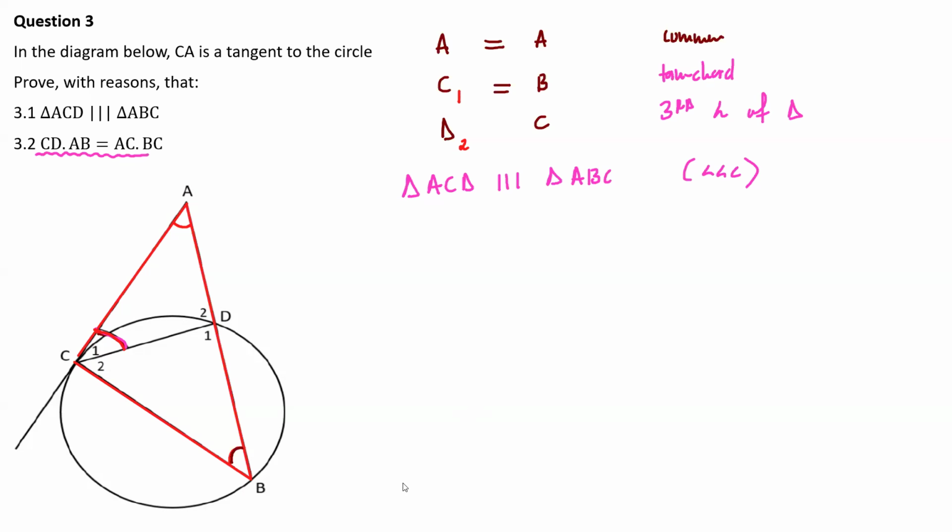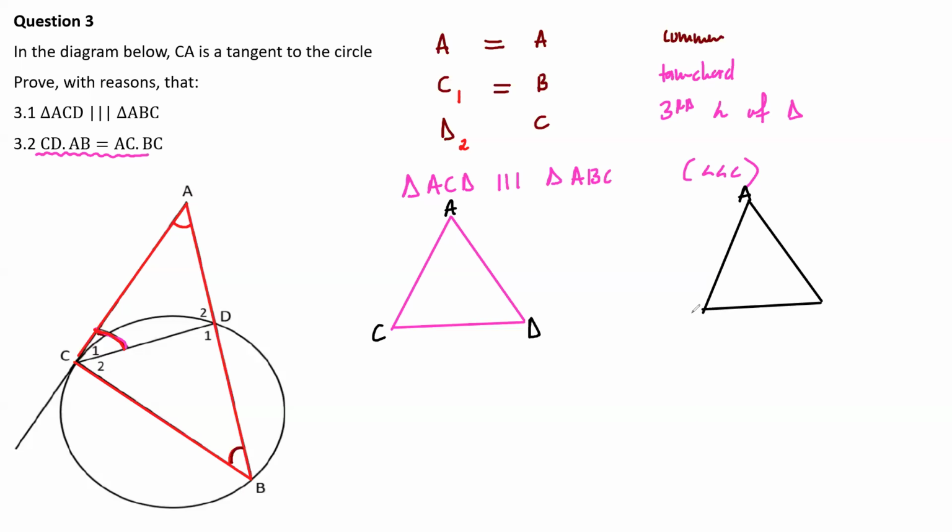The moment you prove similarity, what do I do? Draw the triangles apart. I want to draw them apart because it's easier to handle them when they are apart than just by looking at the diagram. Here we go. So I'm writing A, C, D. Please write them carefully. Then I write A, B, C.